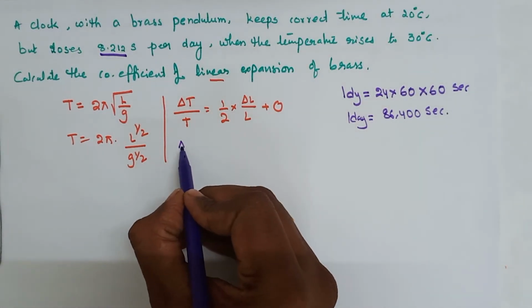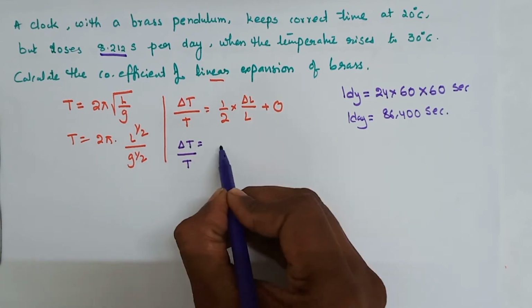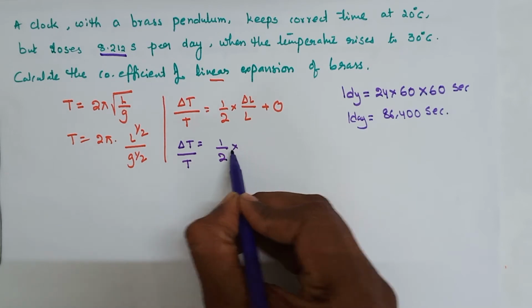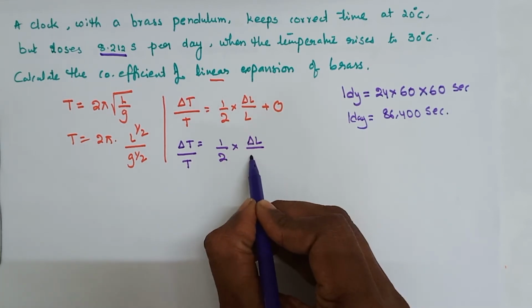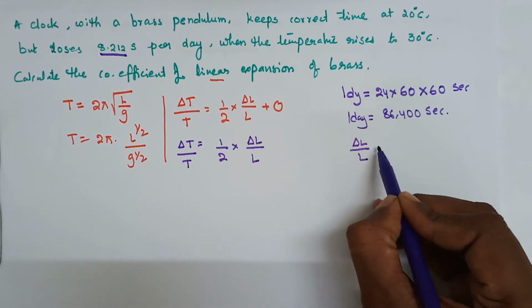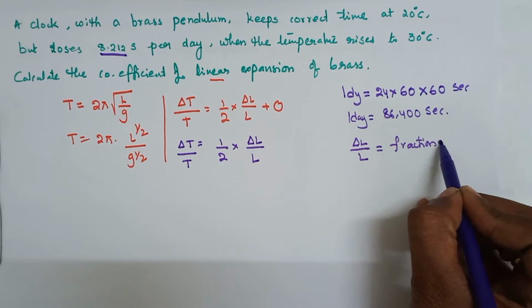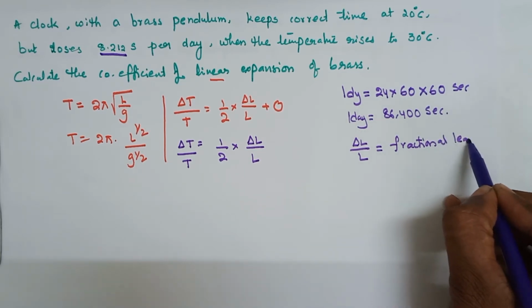So delta t by t is equal to half into delta L by L. What is this? This delta L by L is called the fractional length change, or change in length.